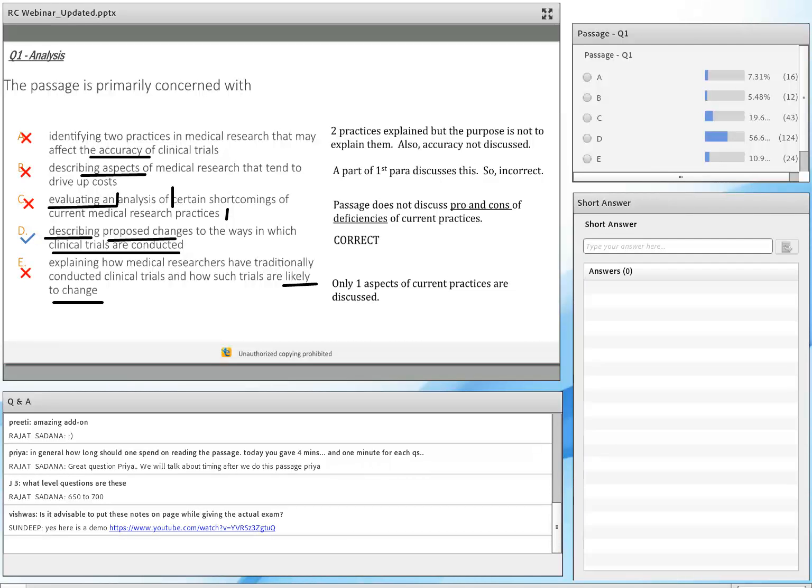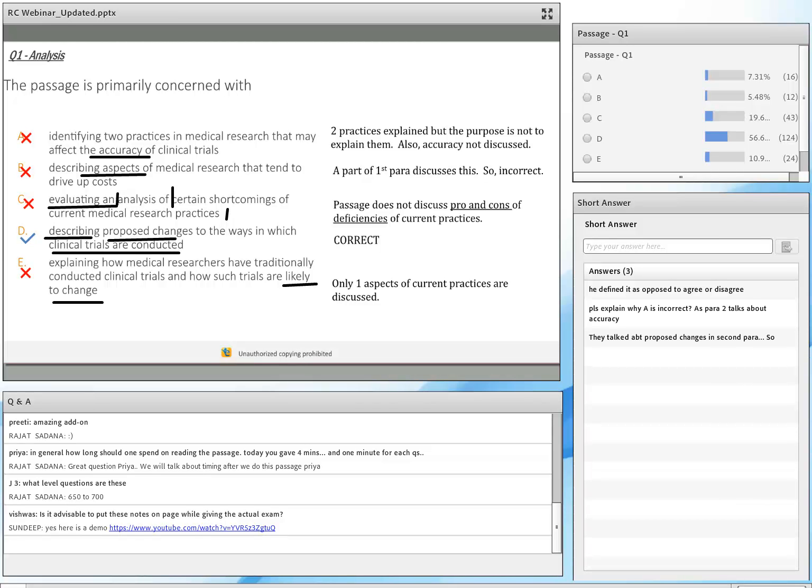When you describe the changes, you talk about the justification for those changes. So it still would be the description. He didn't define it. He described it.